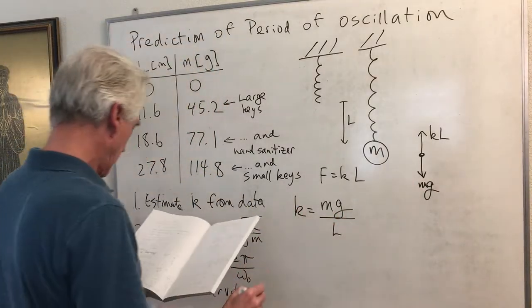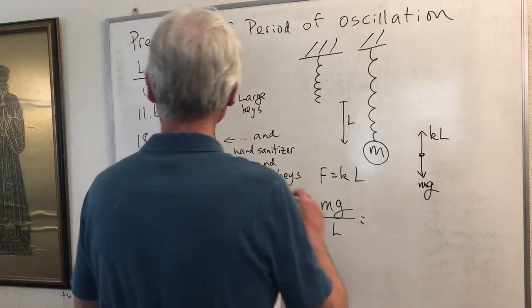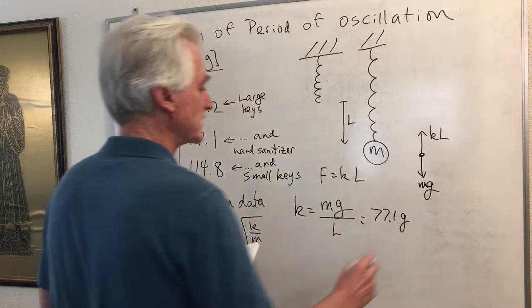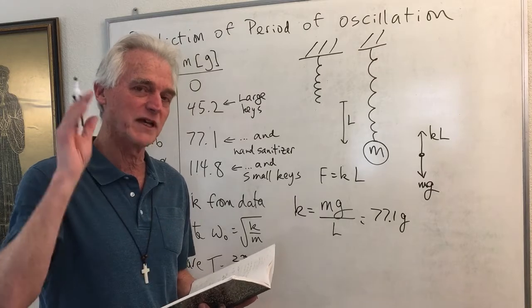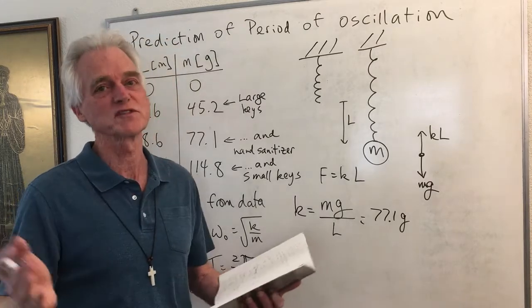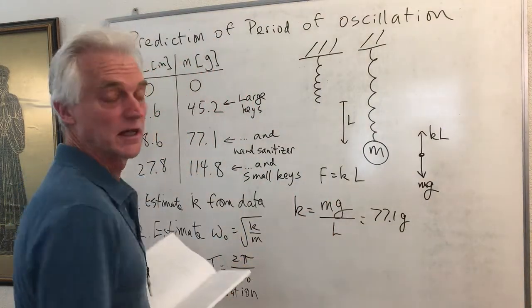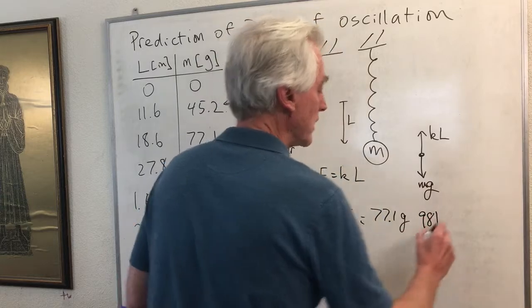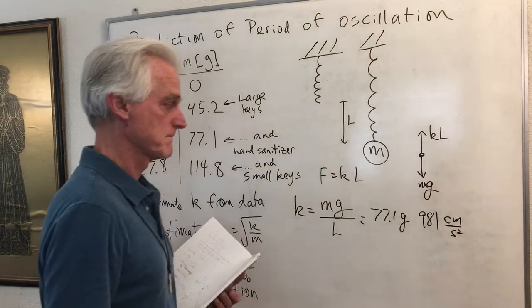Okay, and in our case, M is the 77.1 grams. And G, and I know I would like to use GM for grams, but the standard is G for grams, so you just have to know by the context. That's gram, and that's acceleration of gravity, which is 981 centimeters per second squared.